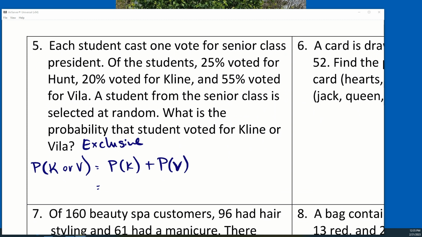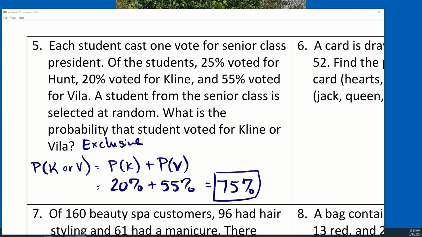I know we almost always have done just fractions, but we're just going to let this be percentages. So the probability that a person voted for Klein is 20%. And then the probability that the person voted for Vila is 55%. So the probability that someone voted for one or the other is 75%.